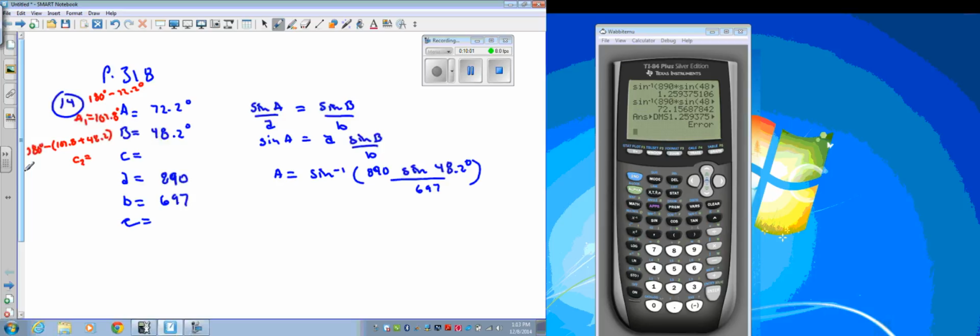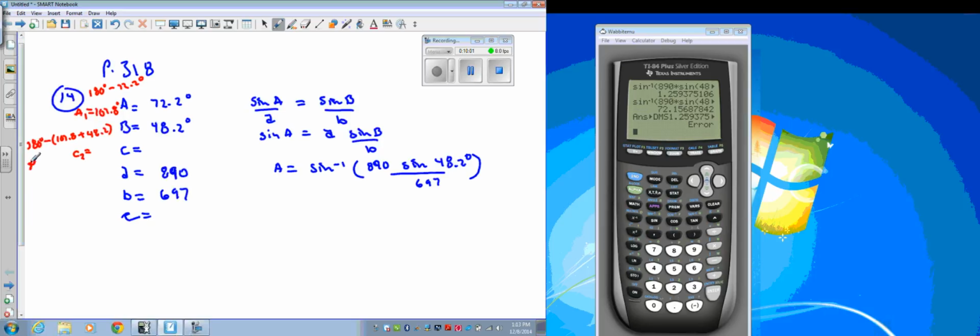When I add 107.8 to 48.2, that's 156. Then I subtract that from 180, gives me 24.